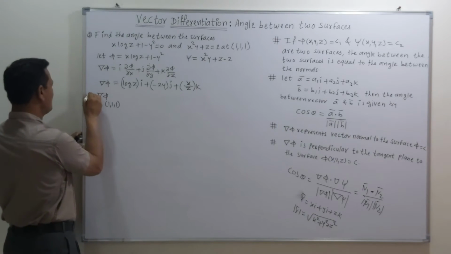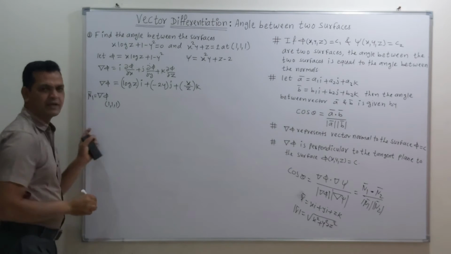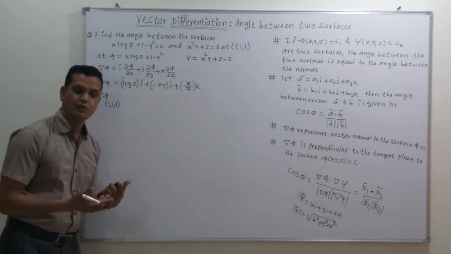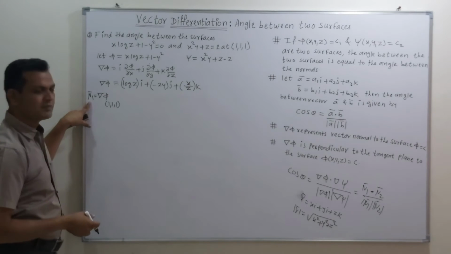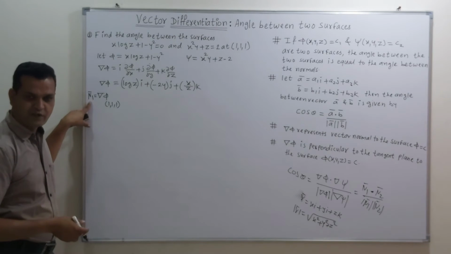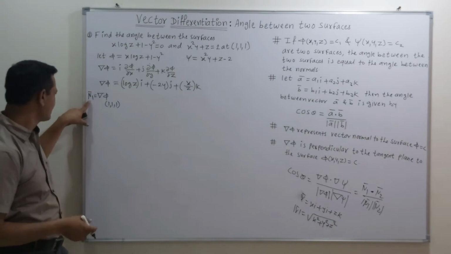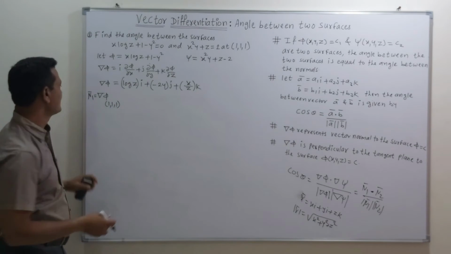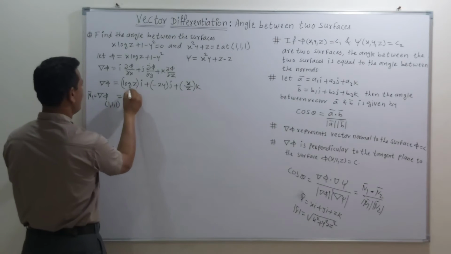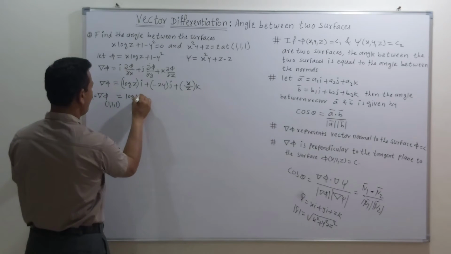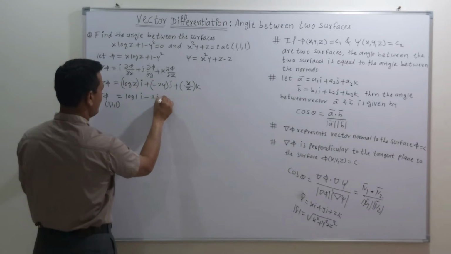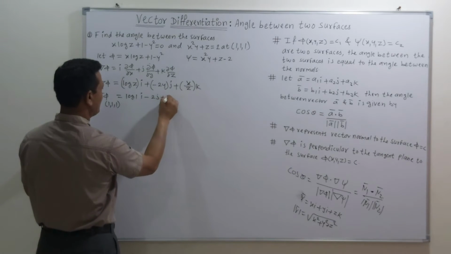Let's denote this value by n1 for simplicity, because del phi represents the normal to the surface. That's why we denote it by n, and since this is the first surface, the suffix is 1. So n1 stands for the normal to the first surface. This value is log of 1 into i, minus 2j, plus 1 upon 1, that means k.